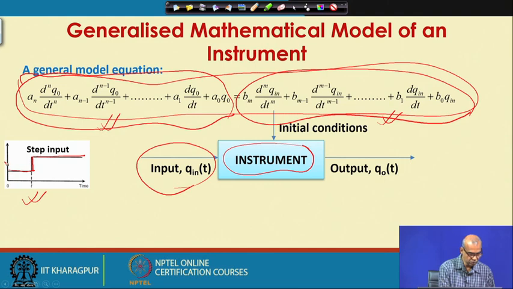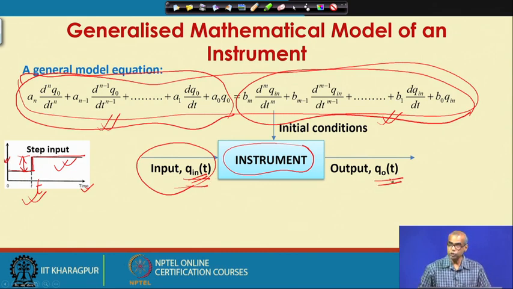So, this is the input value axis and this is time. At time t, I have given a step input of this magnitude. So, q in represents this function. The mathematical function representing this step input is q in, and the output q 0 of t will be the solution of these differential equations.